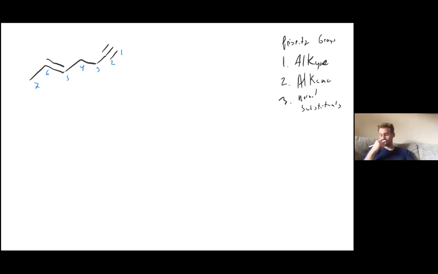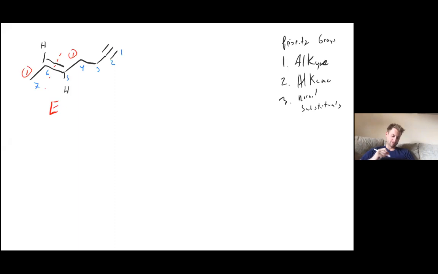All right, from here, we need to determine E and Z because we have a double bond. If I cut it down the middle, between H and methyl, methyl's higher priority. Between H and, I don't know, butyl here, highest priority. They're on opposite sides. They're in like a trans configuration, so this would be an E double bond.